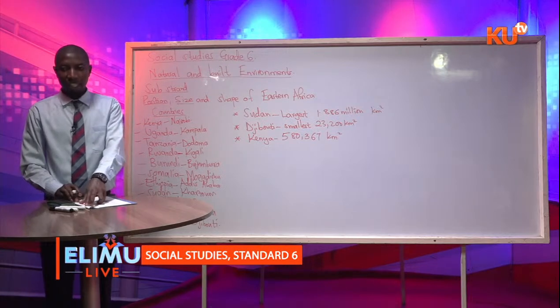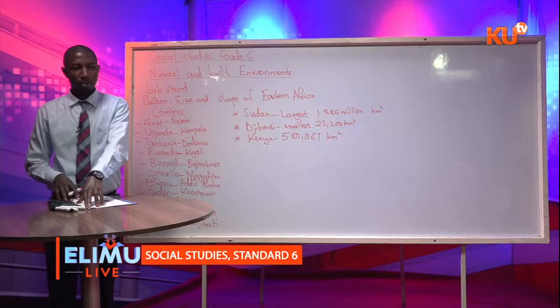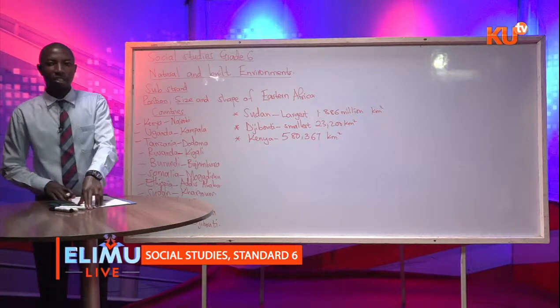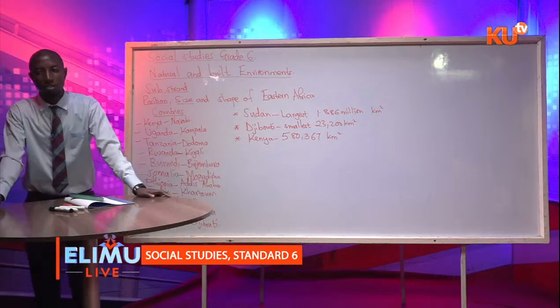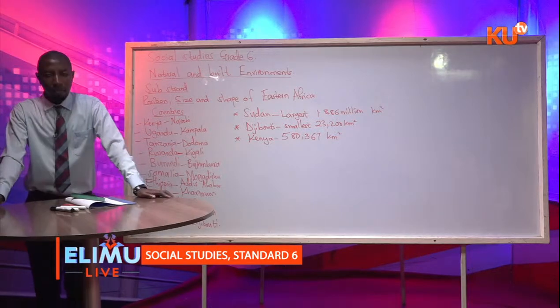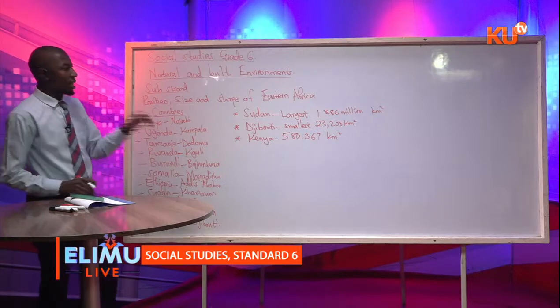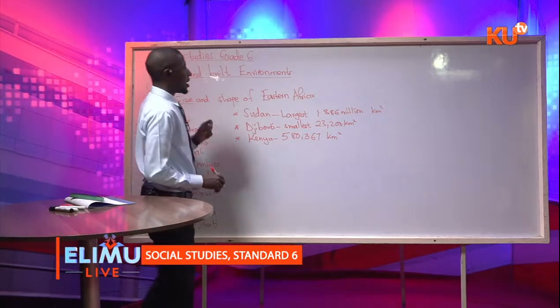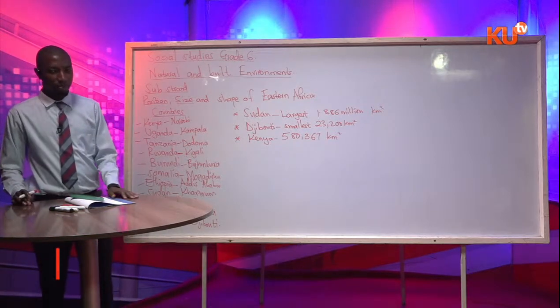It doesn't mean the East African Commission. The East African Commission is a regional corporation of some East African countries, and some are not even Eastern African countries like DRC, where these countries have agreed to work together. That is called EAC. And you need to differentiate between the EAC and the East African region.